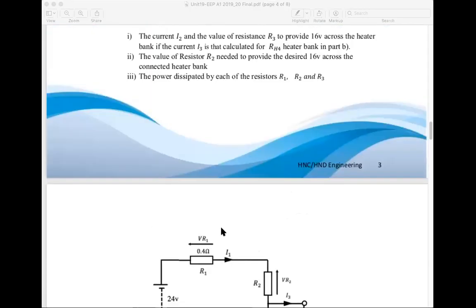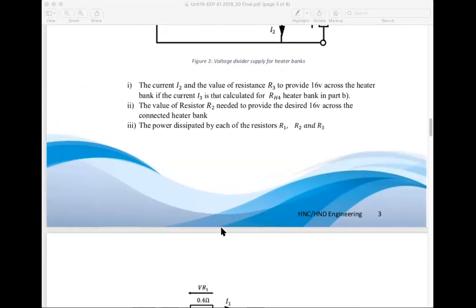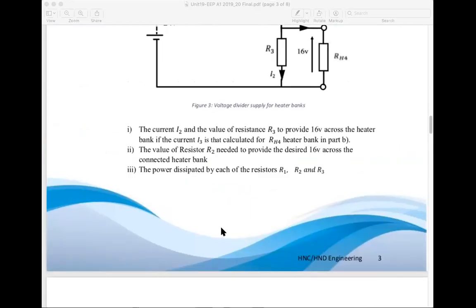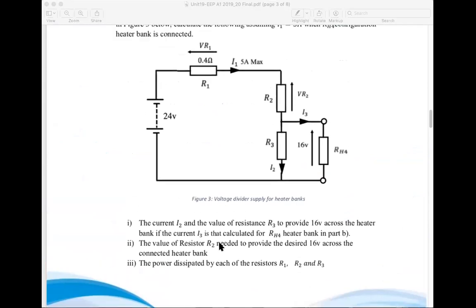Yeah, because up here, you calculated the power dissipated. You calculated the current I2. You will have done. If you haven't done it yet, you won't have. Once you know I2, you can calculate the value for the R3 resistor. And therefore, you can find I3, which is the current through the load.